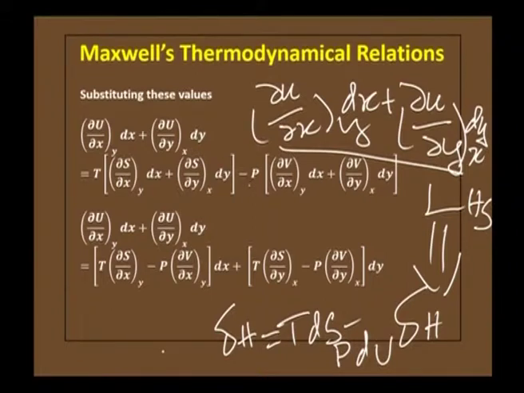In place of dv, we have ∂v/∂x at constant y into dx plus ∂v/∂y at constant x into dy. Once again rearranging these terms, I get ∂u/∂x into dx plus ∂u/∂y into dy is equal to T ∂s/∂x minus P ∂v/∂x into dx, plus T ∂s/∂y minus P ∂v/∂y into dy. So, this is the final term.